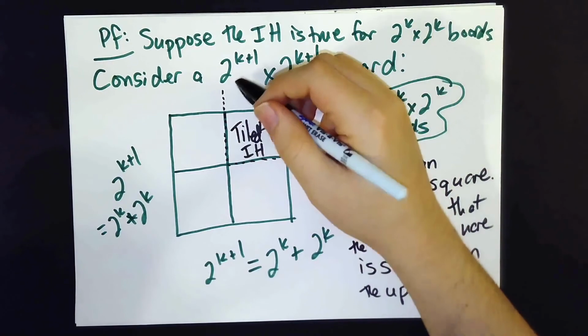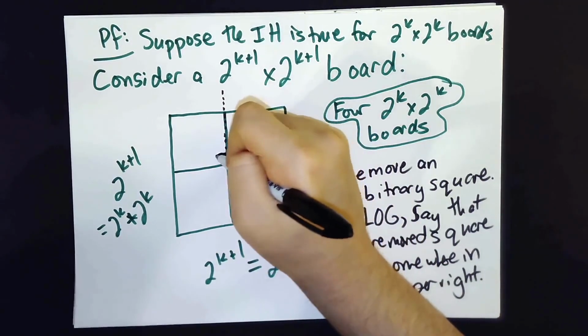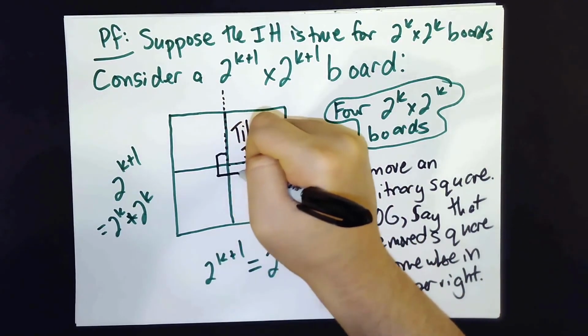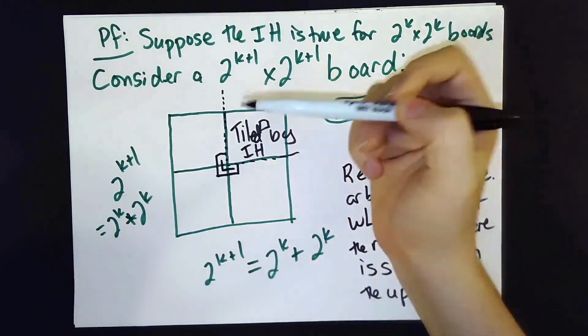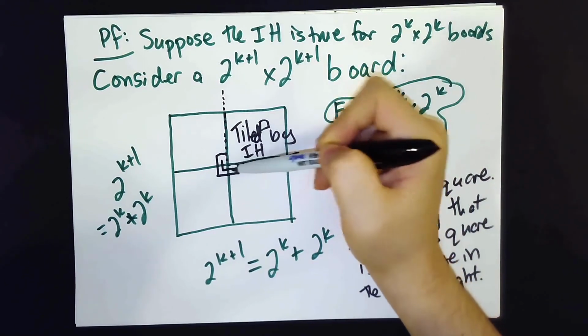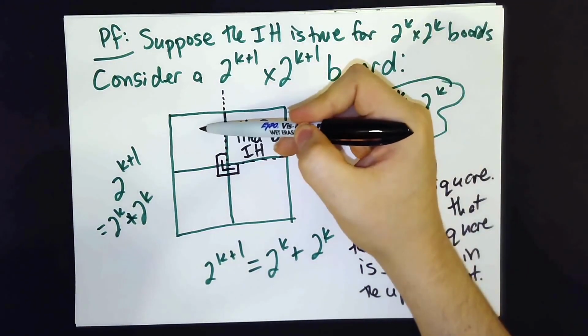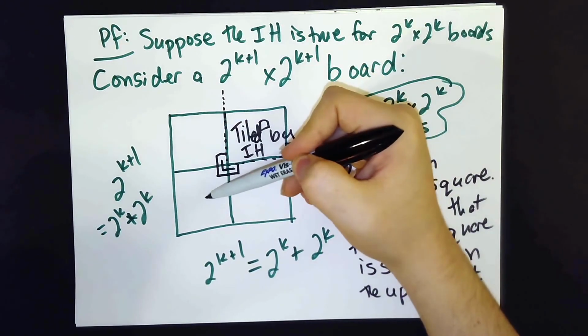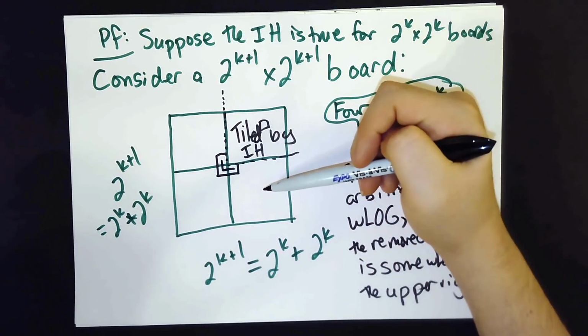But, and here is the genius part of this proof that makes this my favorite induction proof, I can put a single triamino here right at the corner. And what putting a single triamino here at the corner does is to remove one square from this 2 to the k by 2 to the k board, one square from this 2 to the k by 2 to the k board, and one square from this 2 to the k by 2 to the k board.